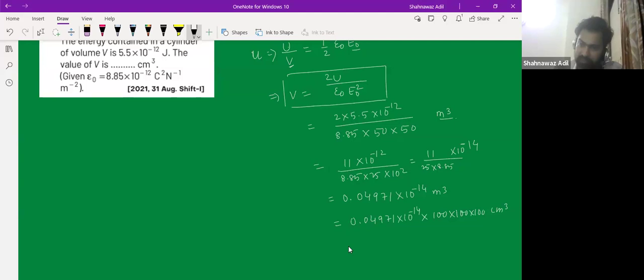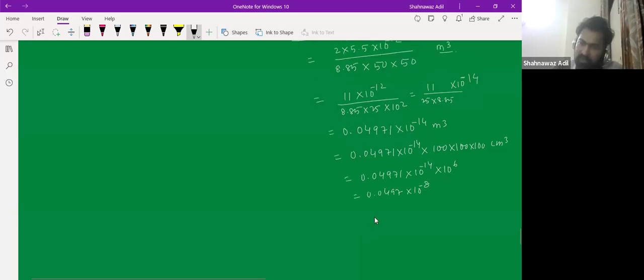So how much is this thing? This is 0.0497 into 10 to the power minus 14, and then this is 10 to the power 6. So this is 0.0497 into 10 to the power minus 8, and we can write this as 4.97 into 10 to the power minus 10 centimeter.